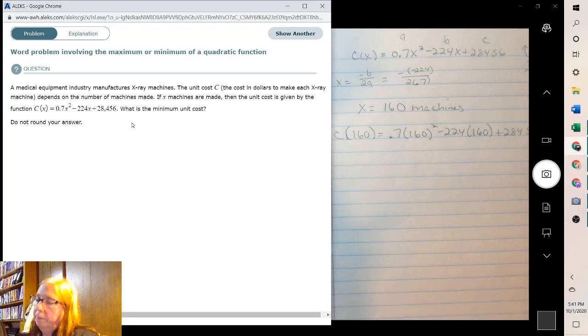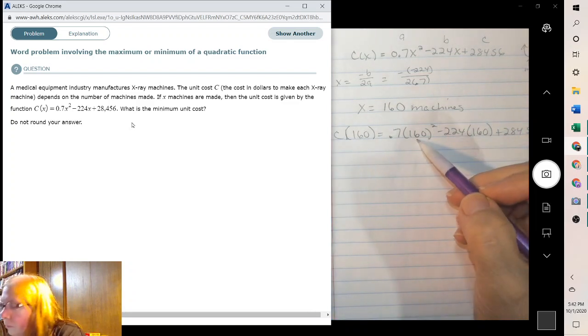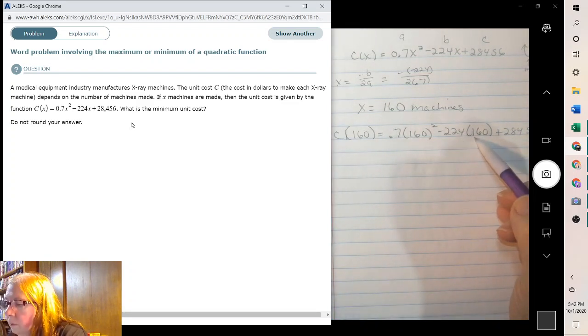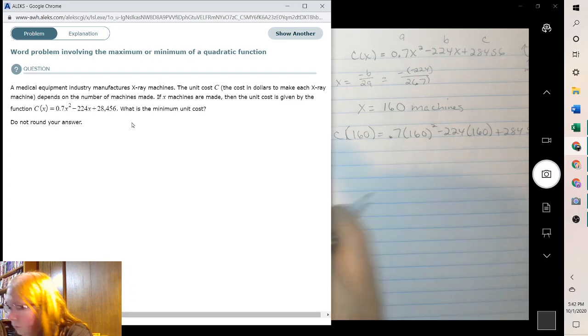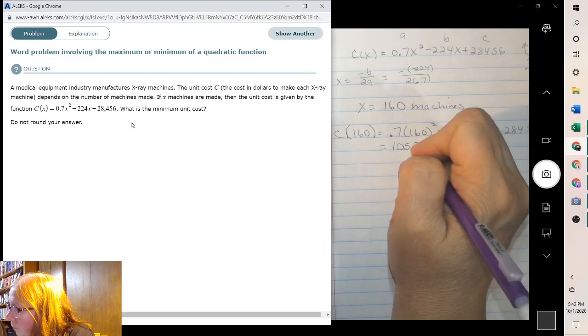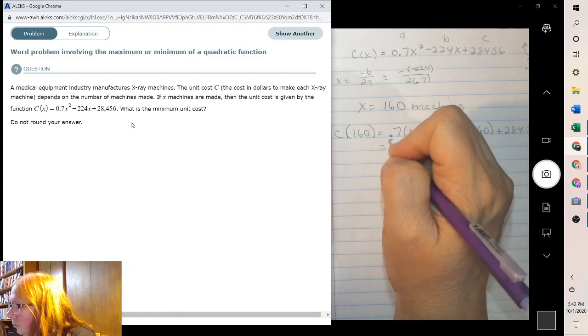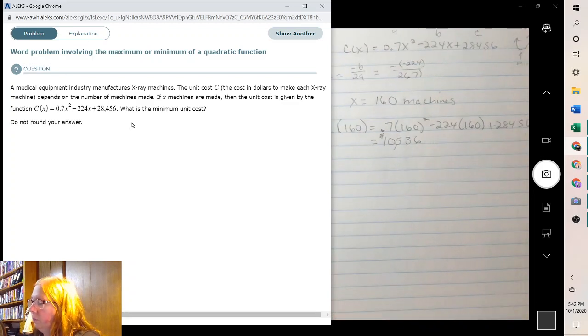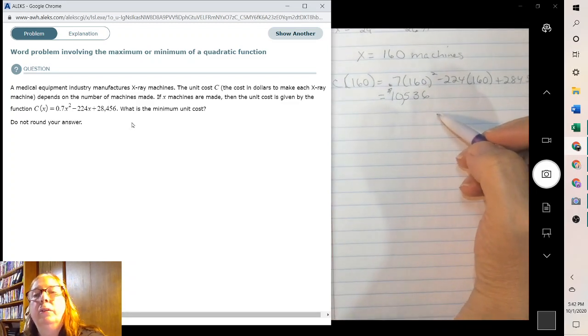And you just plug that in. 0.7 times... So the total cost for 160 machines will be $10,536.